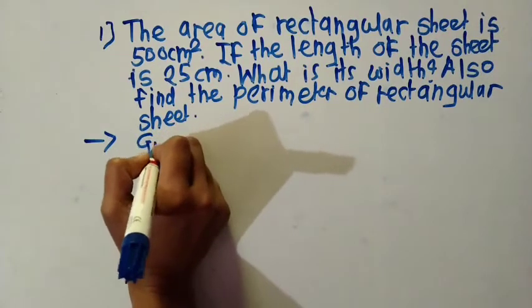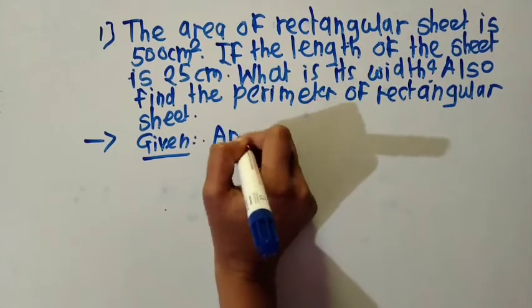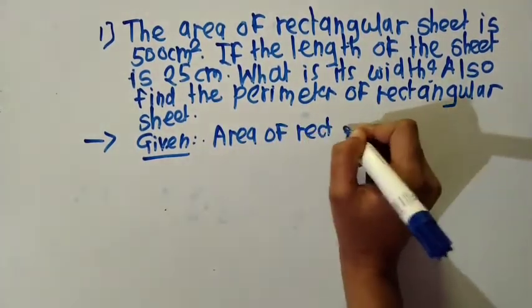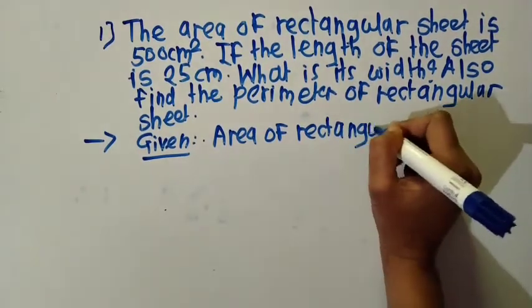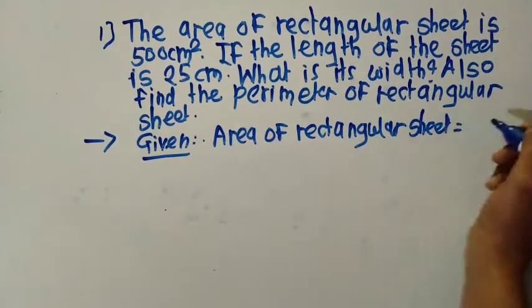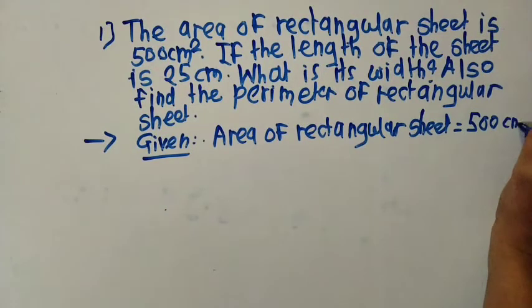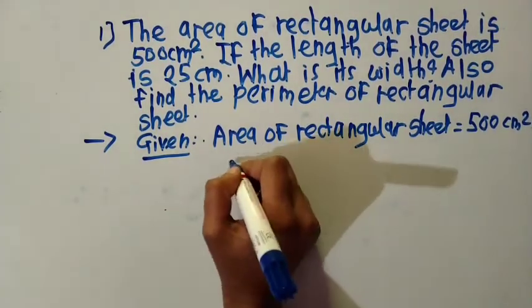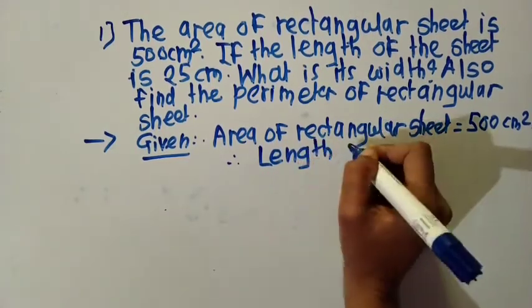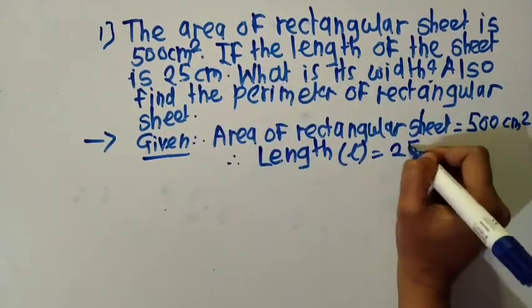So first, given that area of rectangular sheet is equal to 500 centimeter square, and length L is equal to 25 centimeter.